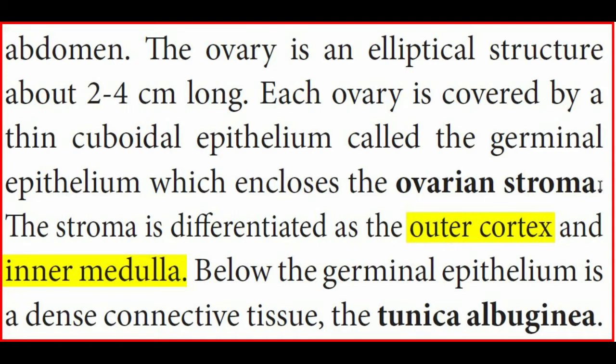Inside the germinal epithelium, the tunica albuginea is there. It is one more covering. So, the germinal epithelium is the outer covering and the tunica albuginea is the inner covering.